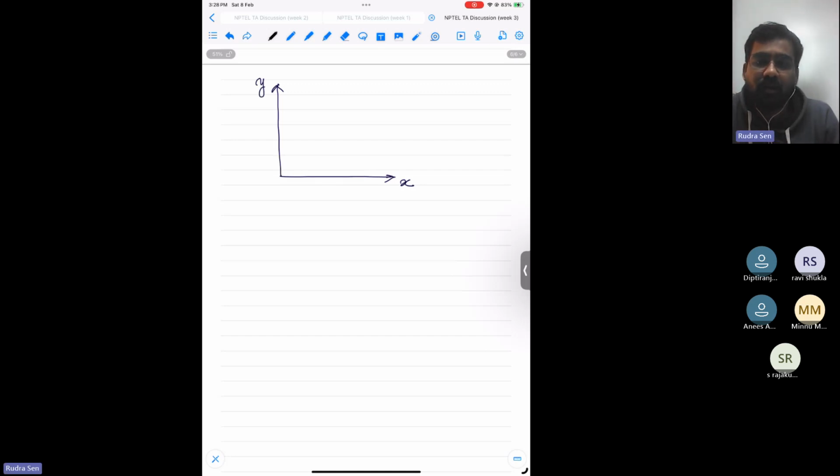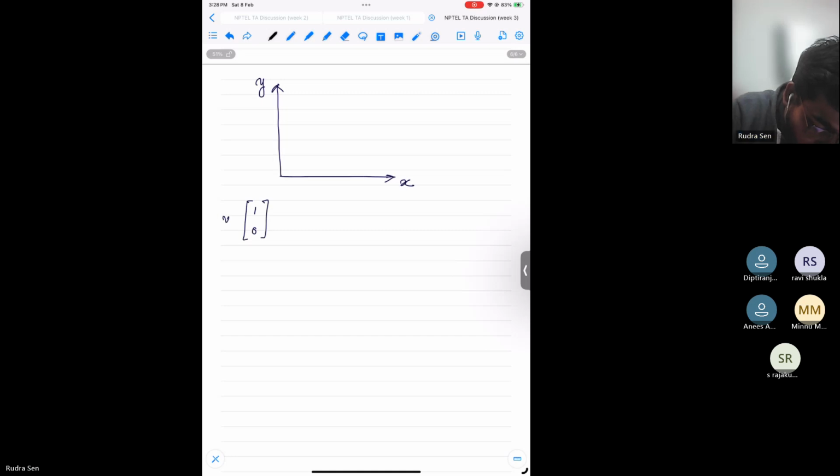In the XY plane, the independent vectors you can consider as, let's say, V1 = (1, 0) and V2 = (0, 1). If we consider these two vectors, are they independent or dependent?